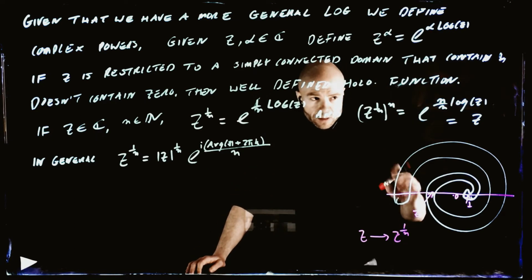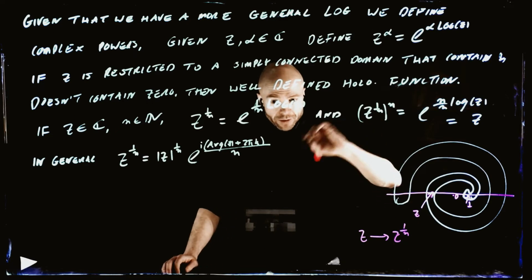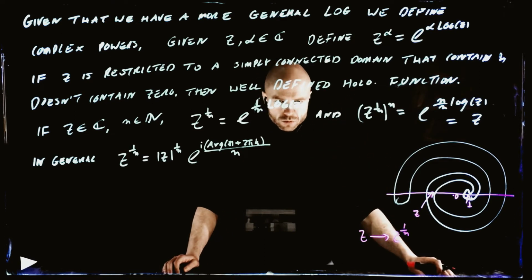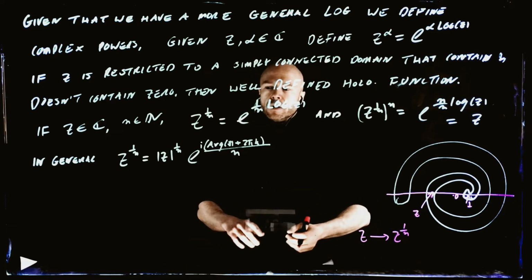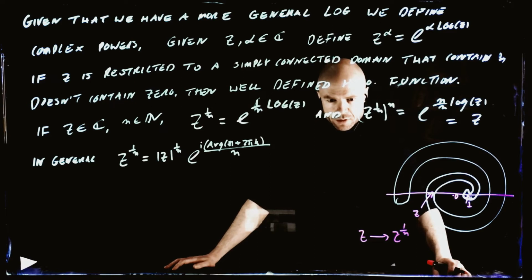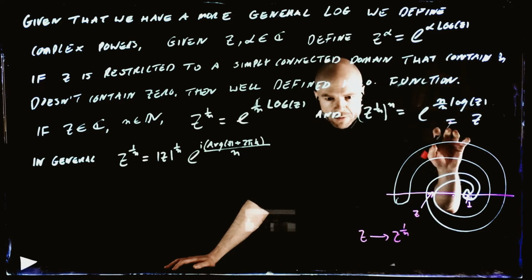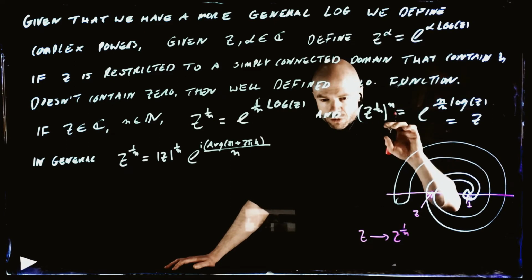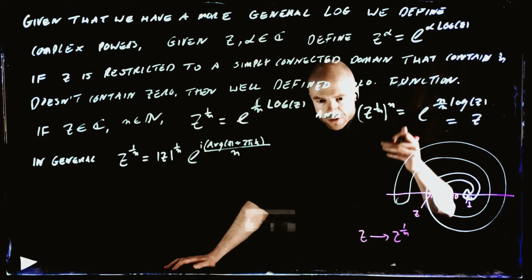And that's how we form this well-defined, one-valued root. So once you can continuously choose the argument, then continuously choosing a root power follows easily from it. So the fact that we have a well-defined, one-valued root on a simply connected domain follows from a similar kind of reasoning.